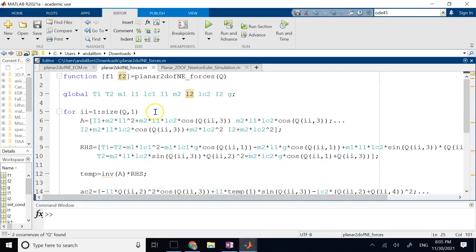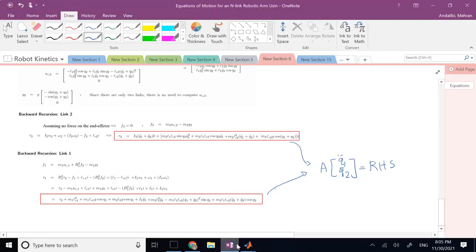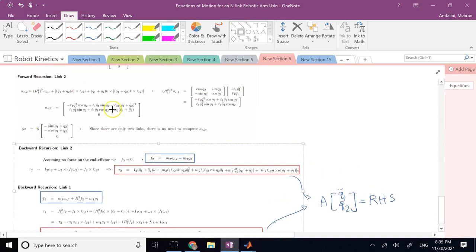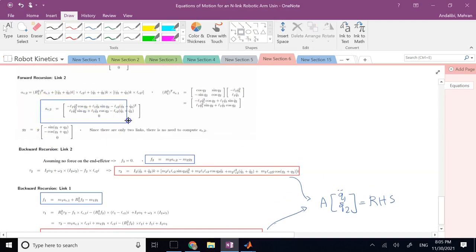So when I did that, then I have another function. I pass all of the q's, q dots, and the double dots to those calculating functions. And those functions, based on these two formulas, will calculate for me f1 and f2. And clearly, when you calculate f2, you need to know your AC2, and you also need your G2.